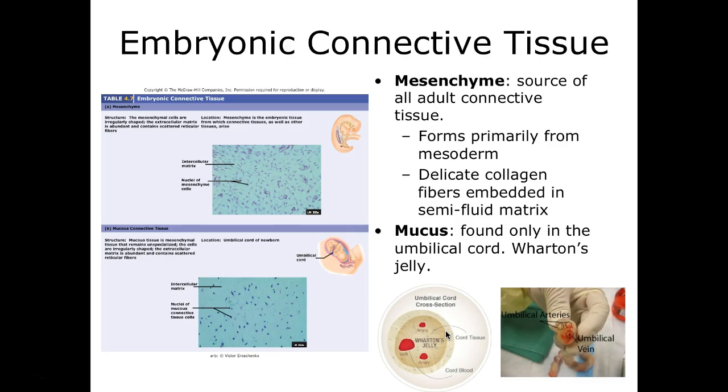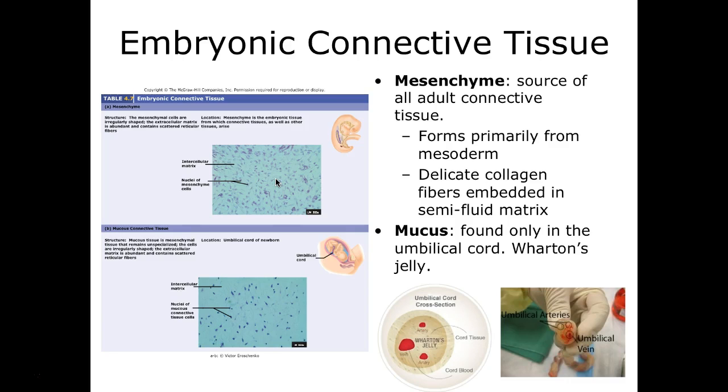Okay, next we have our embryonic connective tissue, and we'll explore this a little bit more in Anatomy 3 when we discuss human development. We already mentioned mesenchyme a little bit, how it has that star shape. This is like a stem cell. It can become almost any type of cell that it wants.